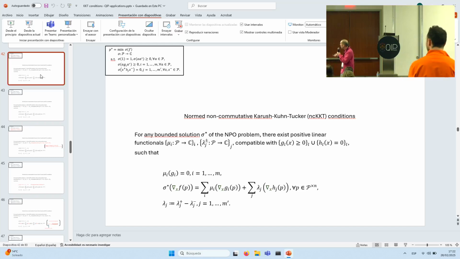So you're evaluating the polynomials on the optimal operators. And these functions act on the set of bounded operators of the Hilbert space where you get the solution. You don't need this condition because you just enforce that this thing is a functional on the whole C-star algebra. So it's already normed, and that's pretty much it. The only problem is that the only sufficient condition we found for a strong KKT is that the problem admits a solution in terms of a sum of squares, which is not always the case.